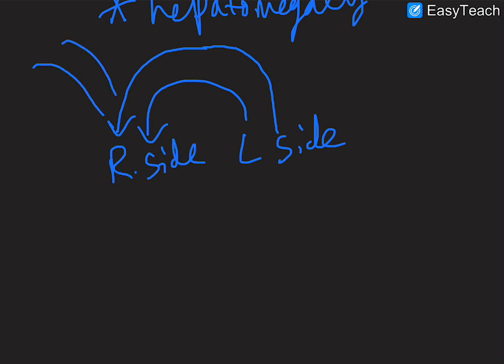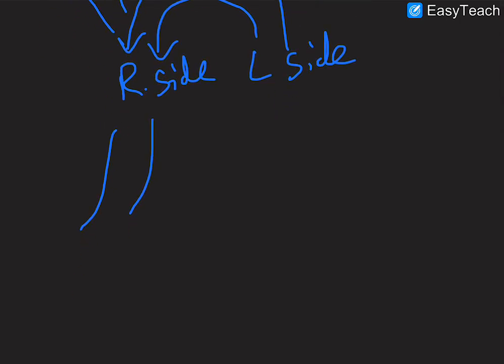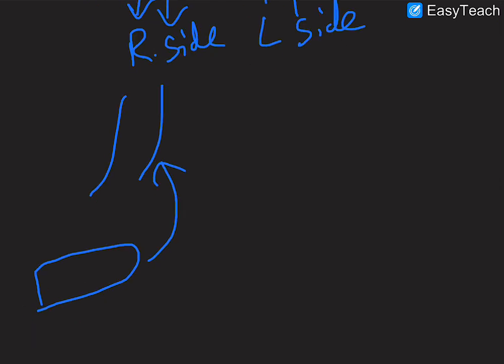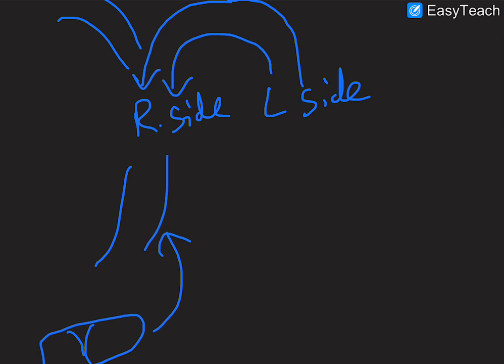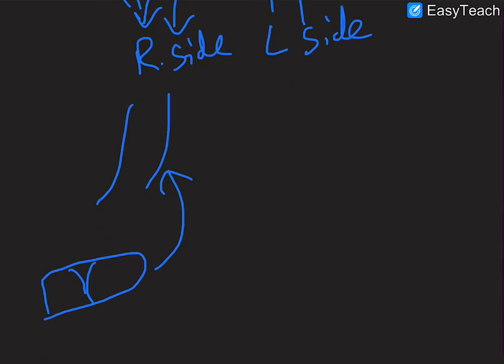And what feeds into the right side of your heart? Your superior vena cava and inferior vena cava, right? Those are large veins. Your liver has veins draining it that eventually dump into the inferior vena cava. So if blood is backing up now to the right side of the heart and eventually into the blood vessels that put blood into the right side of the heart, like your superior and inferior vena cava, then it makes sense that as the pressure builds up, we're going to have hepatomegaly, right?